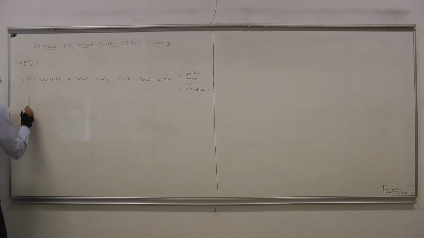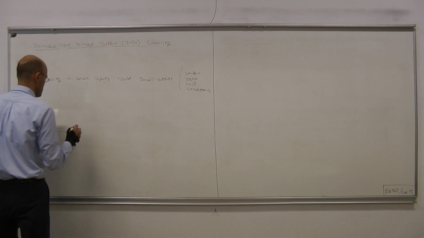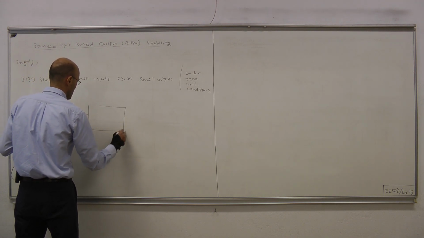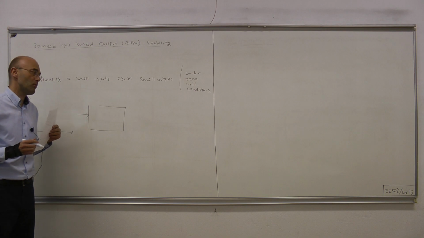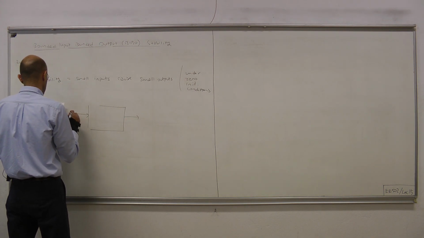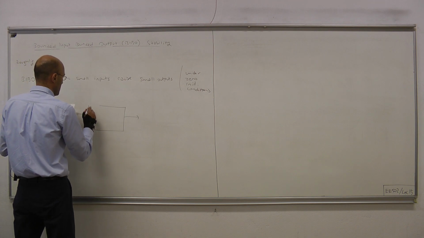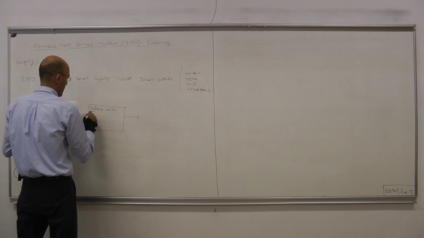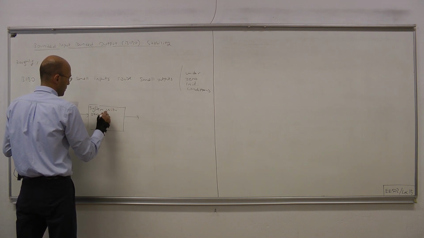So a rough sketch would mean the following. Suppose that you have here a system represented by some block. Okay, this is our system, with 0 initial conditions.